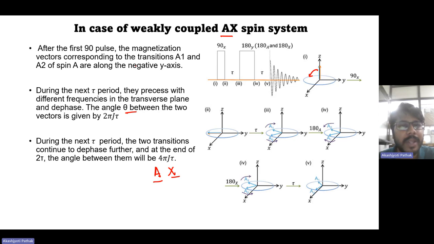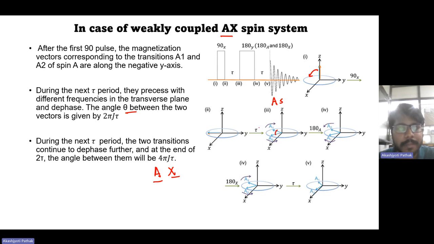The A1 and A2 vectors are the magnetization vectors corresponding to the two transitions of the A nuclear spin. So what is the angle after this tau?